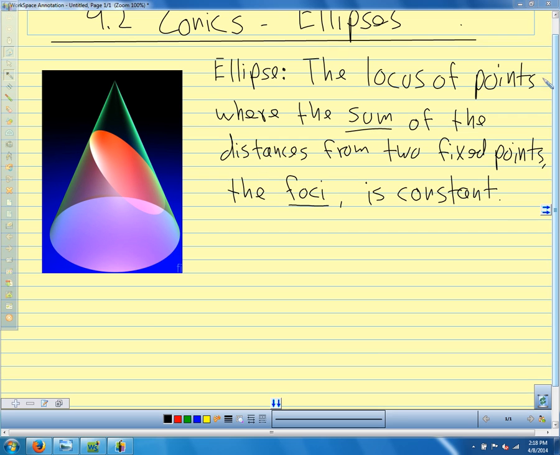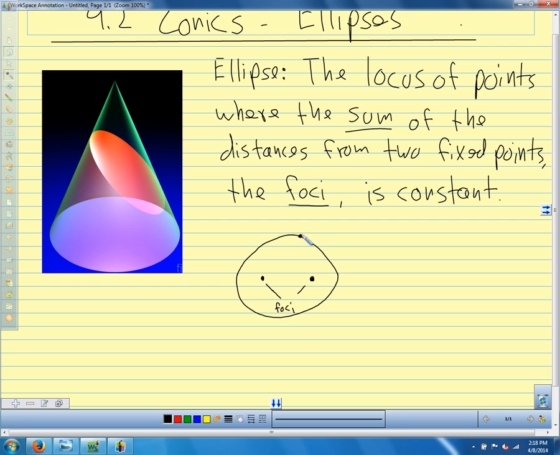So if we have an ellipse, I'll just draw a picture of an ellipse first. So I know my pictures are not beautiful and perfect, but we get the idea. So there's my ellipse. Kind of a sad looking ellipse, but all right, so there are our two foci of our ellipse.